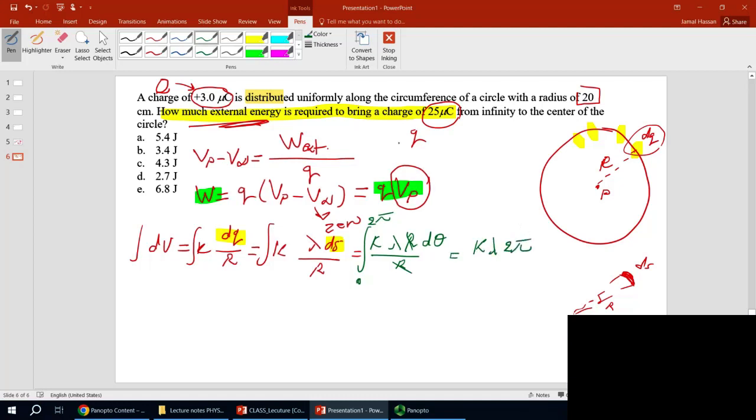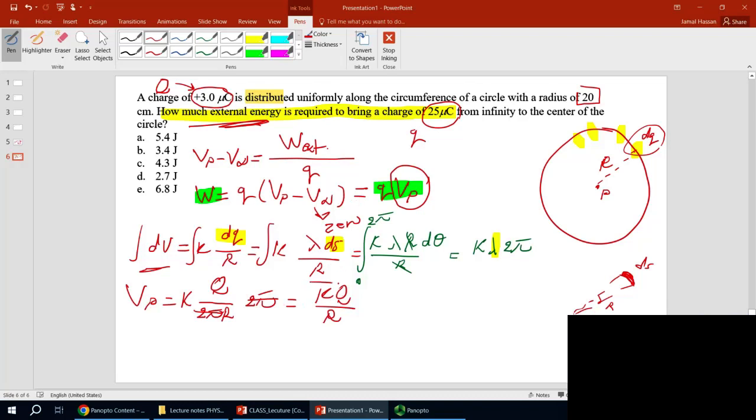But now we don't have lambda, so we need to find lambda. I forgot to say the left-hand side of the equation simply gives us Vp, so Vp is equal to K lambda 2 pi. Here we have a complete ring, so lambda is equal to Q divided by 2 pi r. Remember, we have 2 pi, this with this will cancel out, so the answer is equal to KQ divided by r.